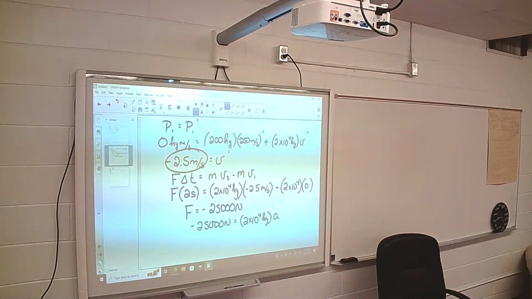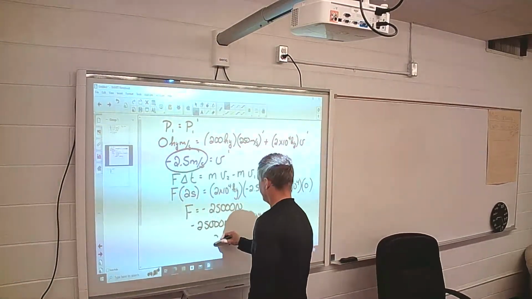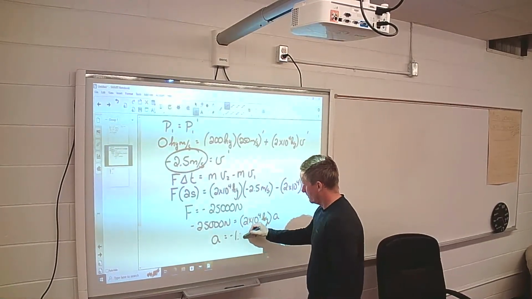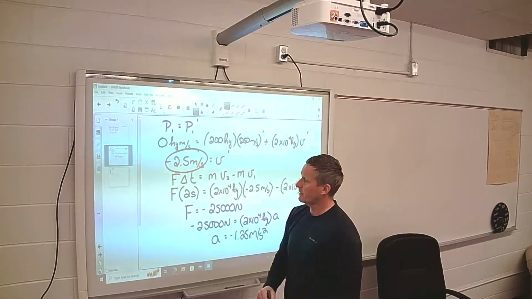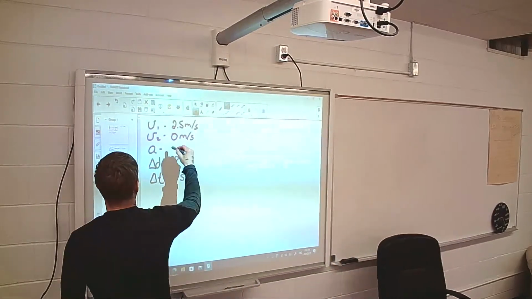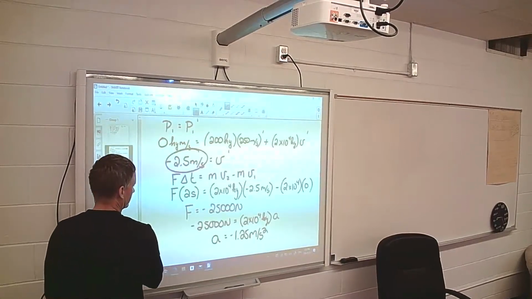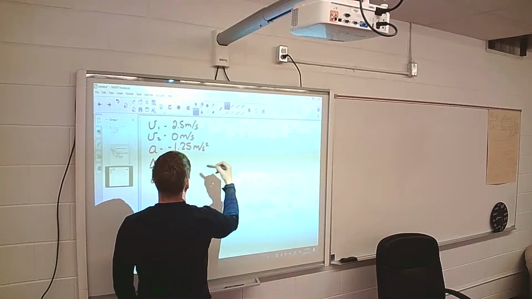So take your 25,000 and divide it by 2 times 10 to the 4th, and what do you get? Negative 1.25. There's my acceleration. So I put that in here. Negative 1.25 meters per second squared.